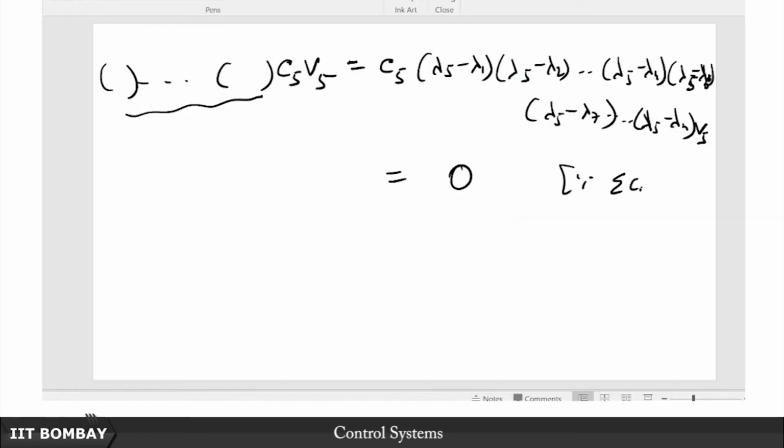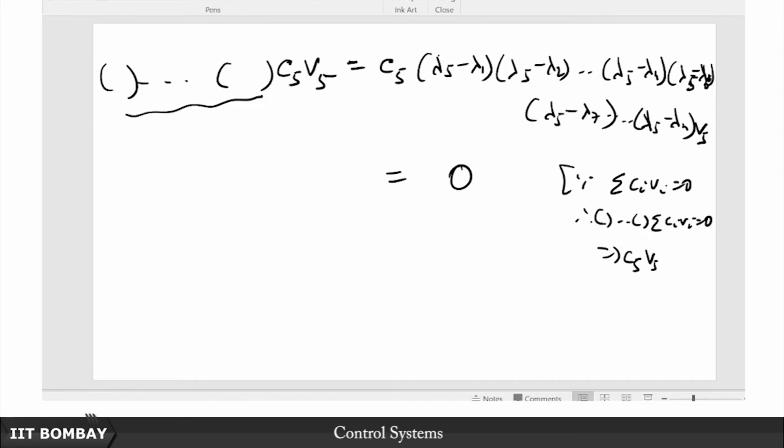Since the summation of Ci Vi is equal to 0, the product of all those matrices acting on the summation is also equal to 0. But when you take products with individual terms other than C5 V5, they automatically vanish. So you are led into concluding that C5 V5 and this product of lambda 5 minus lambda 1 and all these terms must be equal to 0.